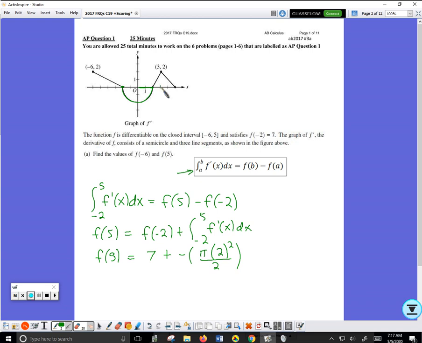We're supposed to go all the way to 5. So all of this space counts positively. So that area is 1 times 2 divided by 2. This area is 2 times 2 divided by 2.